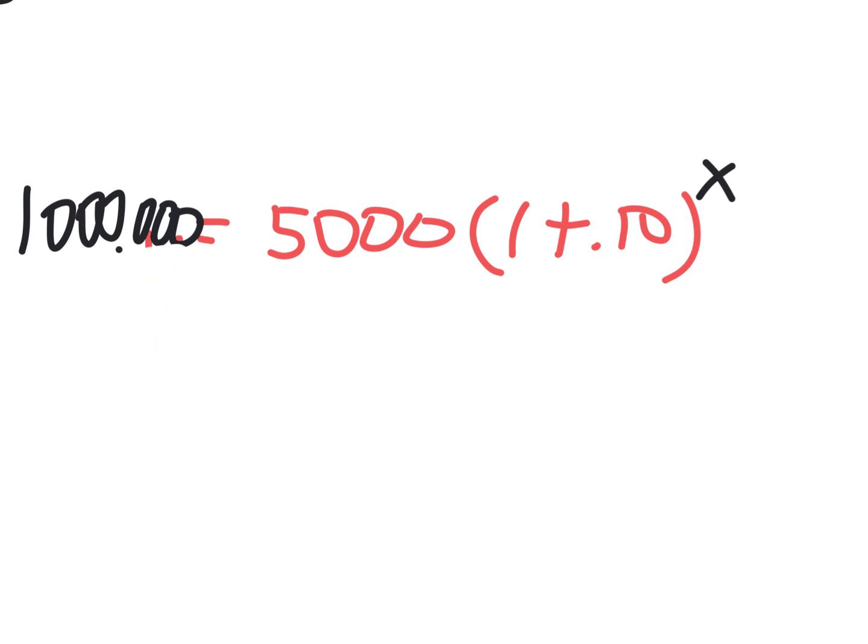See how we can set these equations up different ways? I started with 5,000. I want it to be 1,000,000. How long will it take? And then you have to solve for X. All right, so just to clarify, if you haven't copied this down, please copy it now. And then I'll tell you how to solve it, because it gets tricky at the end.